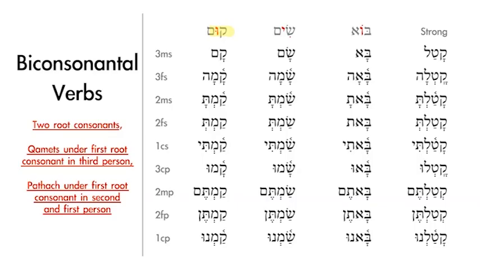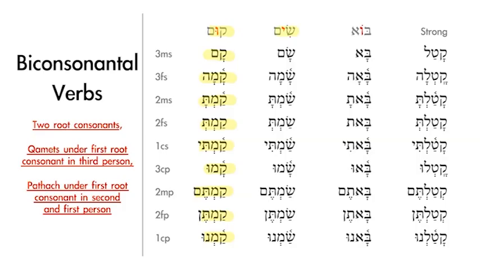So let's work through this first paradigm together to get a sense for how these verbs operate. Qam, qama, qamta, qamt, qamti, qamu, qamten, qamten, qamnu. In each instance, we have only 2 root letters, but we have all of the perfect sufformatives in good shape. So you'll know that because there are 2 root letters, these are biconsonantal verbs.